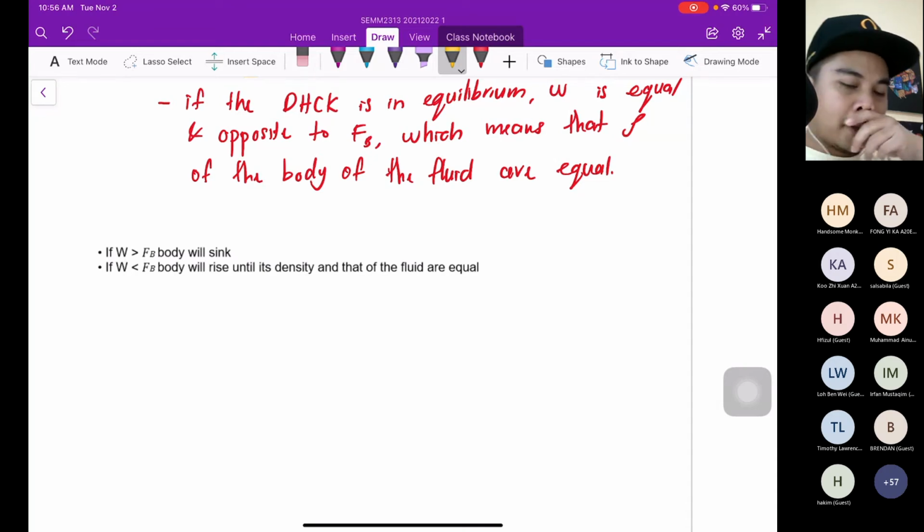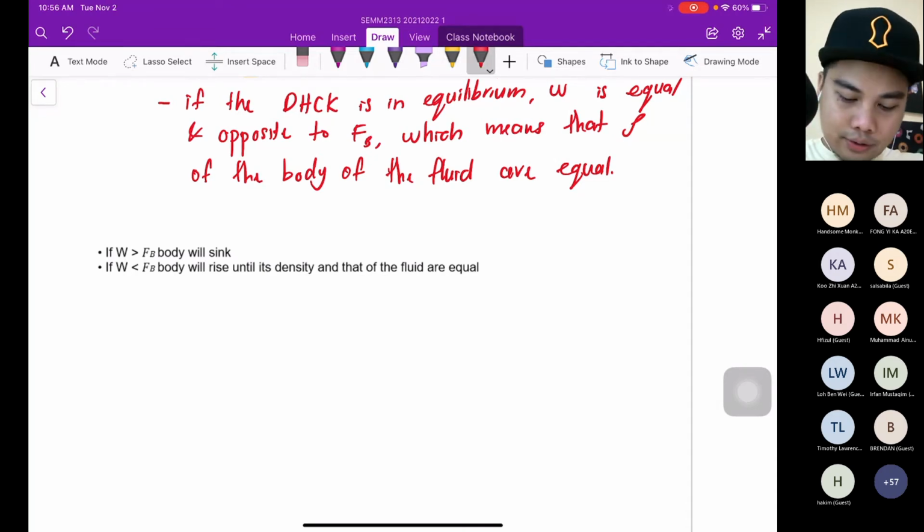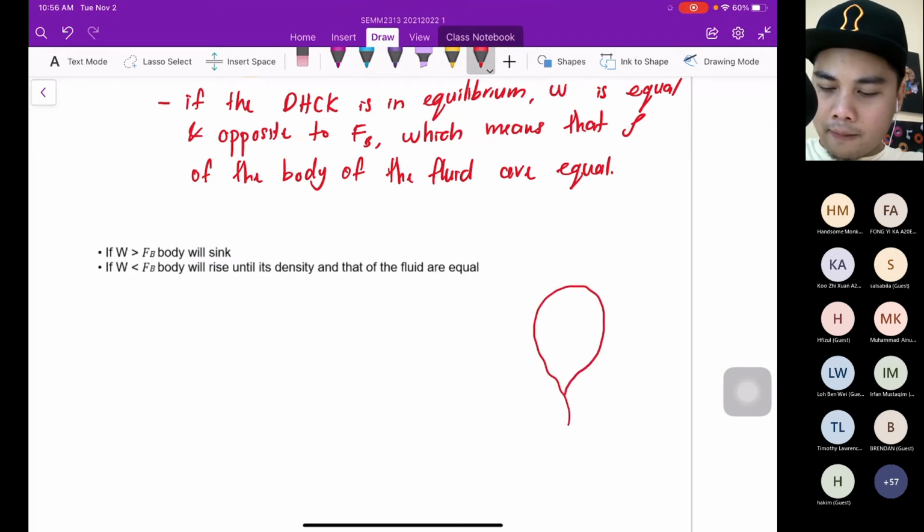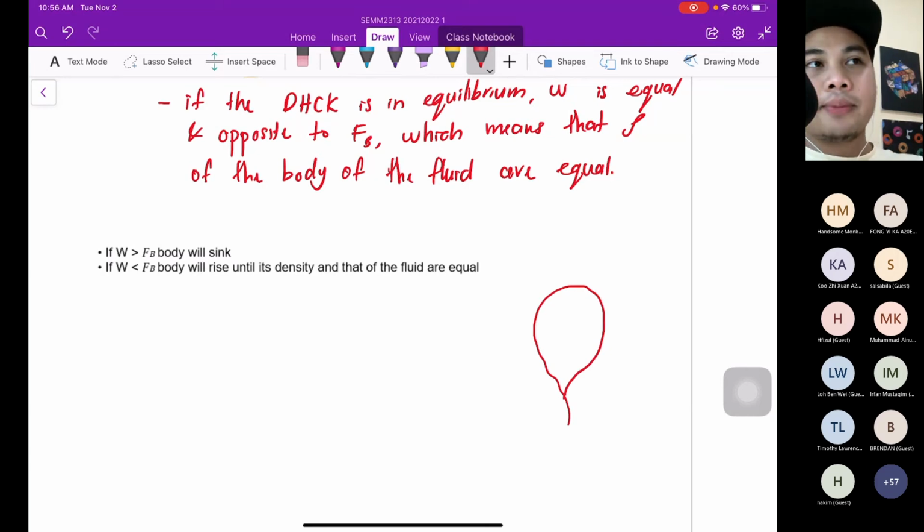This is, for example, like a balloon. The balloon is filled with helium gas, and when you let it loose, it will move up into the air until at a certain point the balloon will stop.